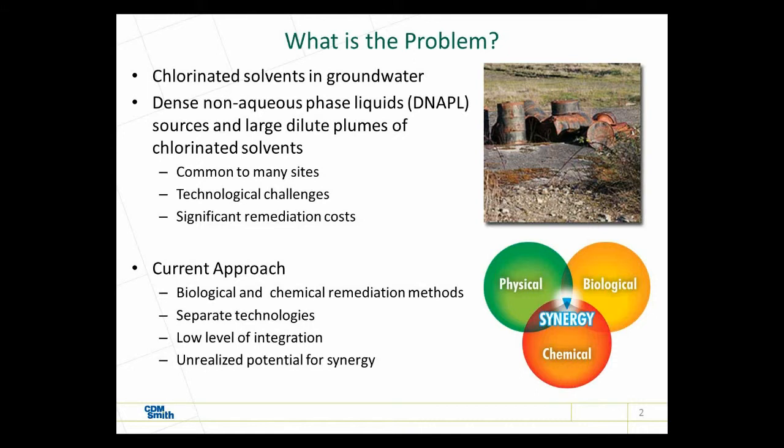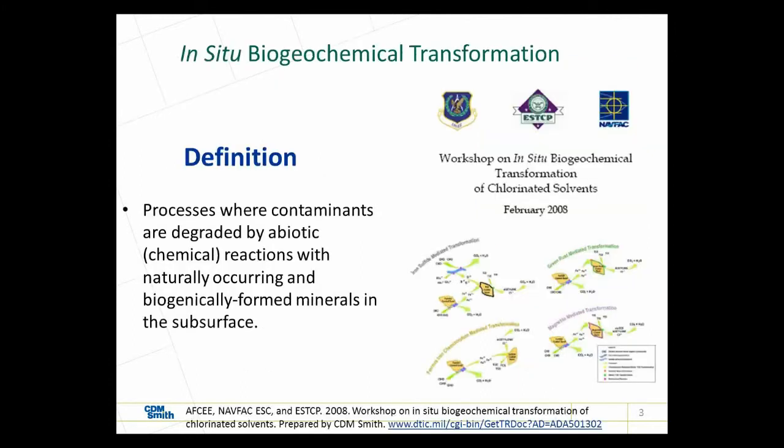But recently we've been looking at combined technologies and ways of integrating multiple processes in order to get better synergy and more cost-effective and faster treatment, and hopefully reducing things like back diffusion. And so that's what we're going to talk about today, this process called biogeochemical transformation.